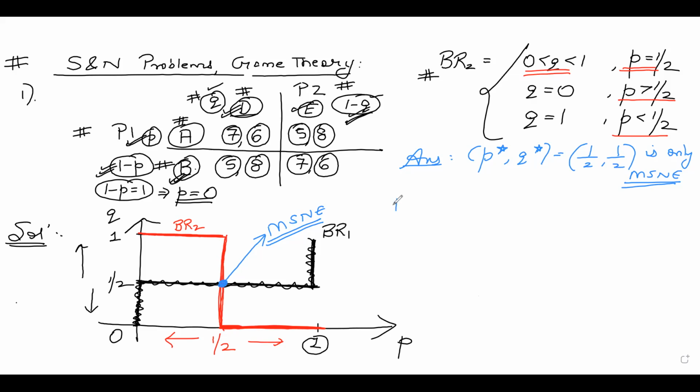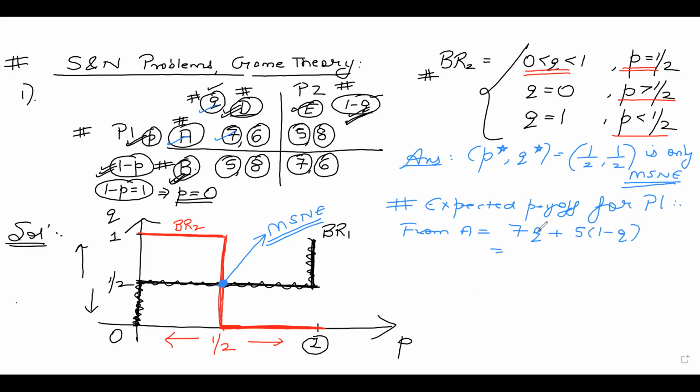So I can write expected payoff for player 1. Expected payoff of player 1 from A is how much? 7 times Q plus 5 times 1 minus Q. In this, just put Q as half because we have found out that Q is half.